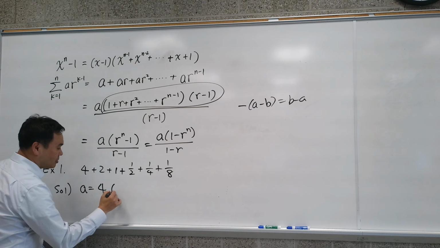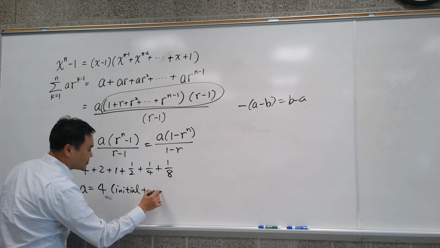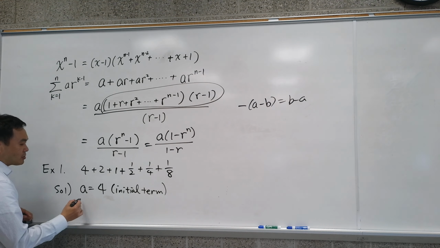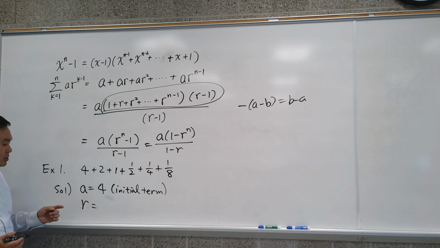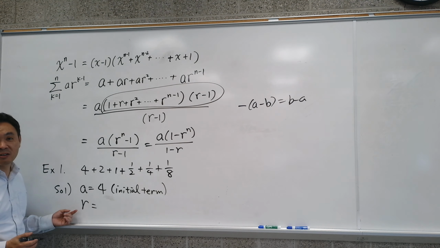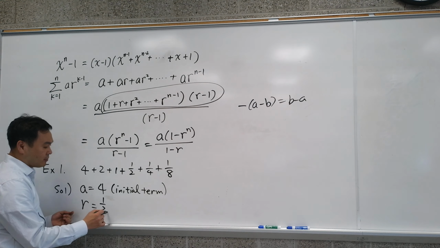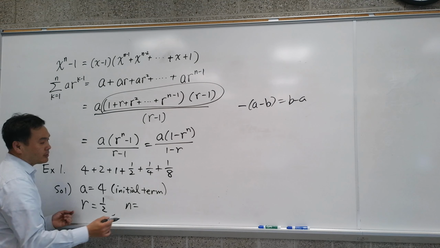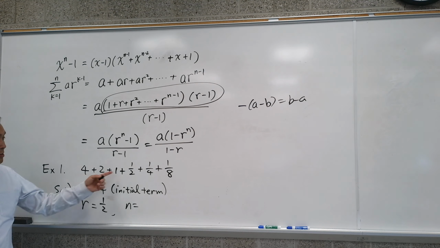A is the initial term. What's r? R is the, what do we call r again? Ratio? Common ratio, right? So ratio is what? 1/2. What about n? 6. No, 7, because there are 7 terms, right?